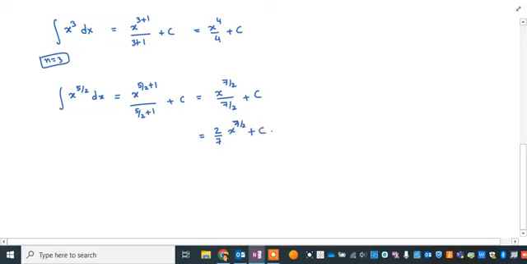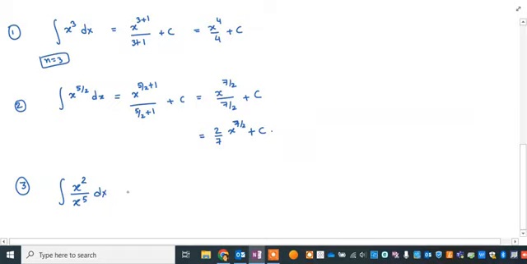Okay, now another kind of example you can solve based on this rule is, suppose instead of just one x you have x to the power 2 over x power 5 dx. So now here you have powers of x in division.